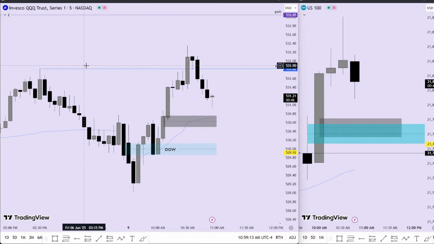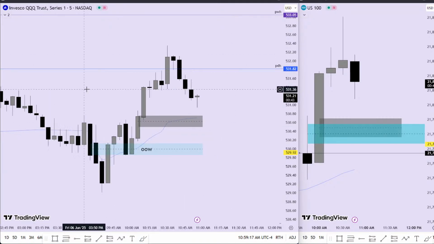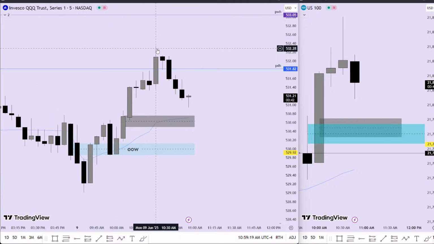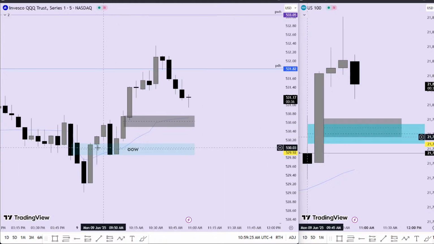So we tested back to the previous day's high, the Friday's high, and we are coming back down from this point. One thing which catches my eye is the low of 10 o'clock, where we have an imbalance.